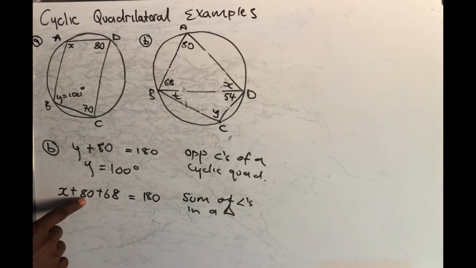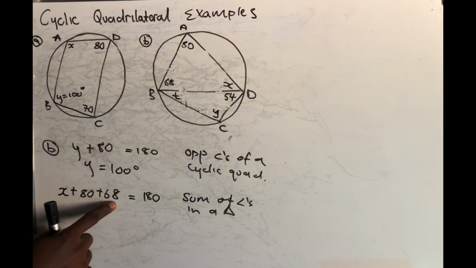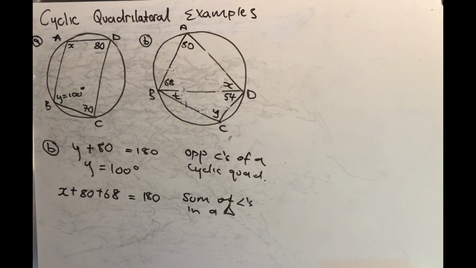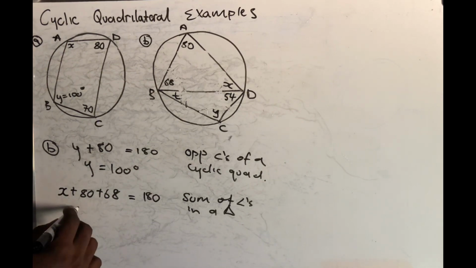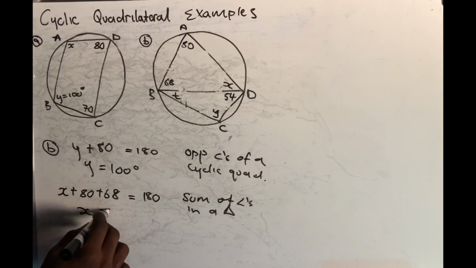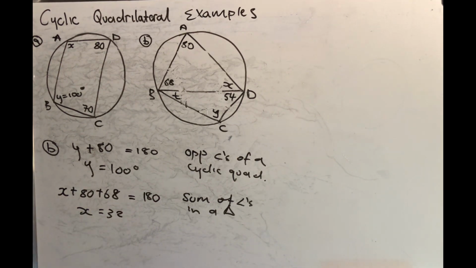Take 20, you put here on the 80, you get 100, you are left with 48, then it's 148. To make it 180, then you need 32. So x will be 32 in this case.